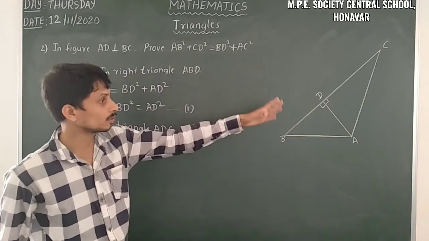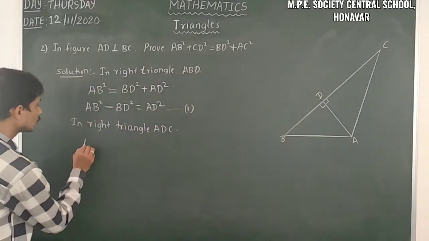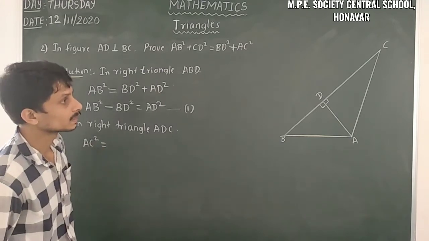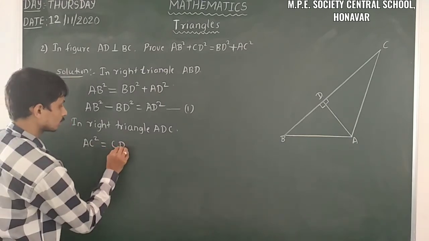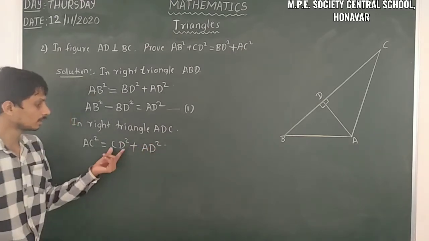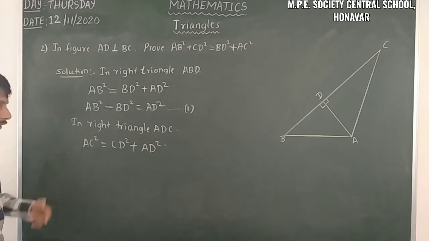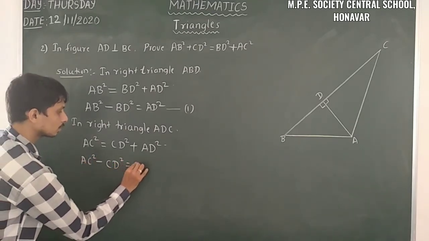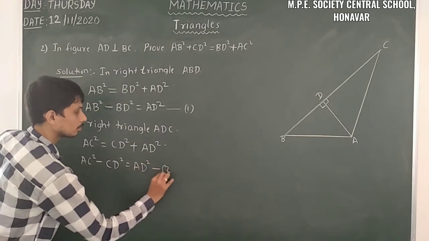So AC square is equal to CD square plus AD square. Here I will transpose CD square to the LHS side, it becomes AC square minus CD square is equal to AD square, equation number 2.